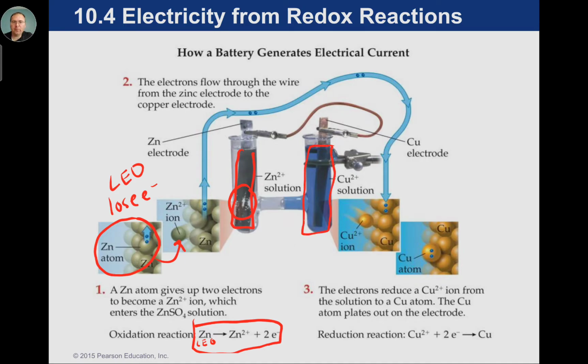That's because this blue copper solution is taking the electrons from zinc, and when they're given to copper, it becomes a new copper metal atom. No charge. So as the 2 electrons here were lost, notice copper gains them. And gain is a GER.